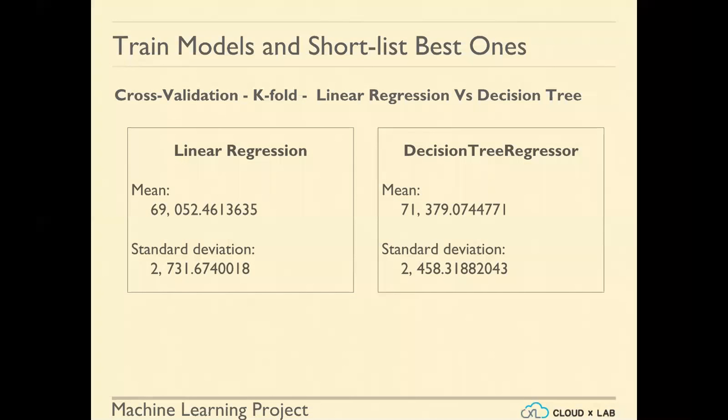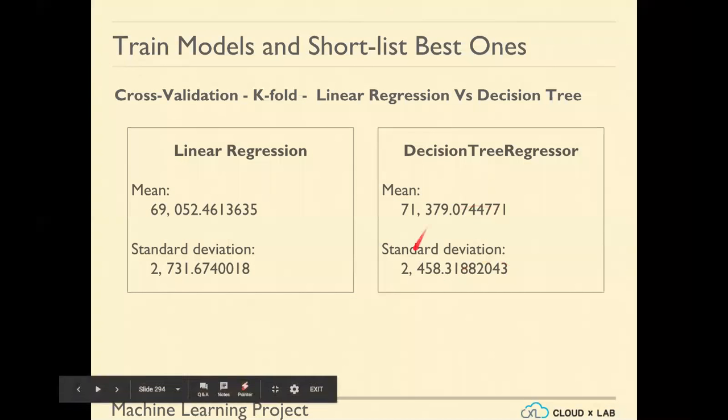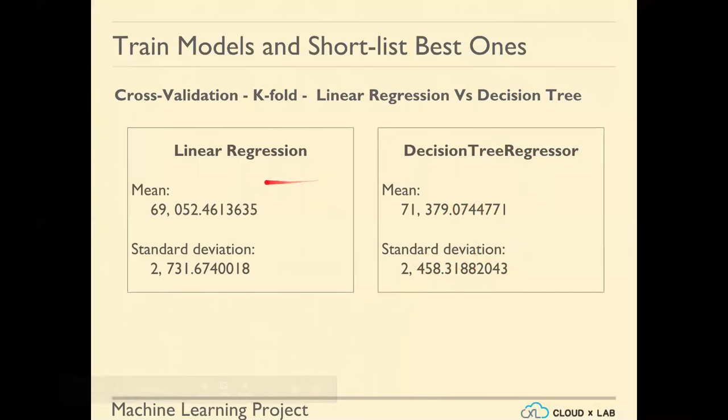So for linear regression, the mean error was 69,000, while in case of decision tree regression, the error is 71,000, while the standard deviation in case of linear regression is 2,000, while for the decision tree it is 2,400. As in, the variation is lesser in case of linear regression, while the mean is better. Mean error is lesser in case of linear regression.